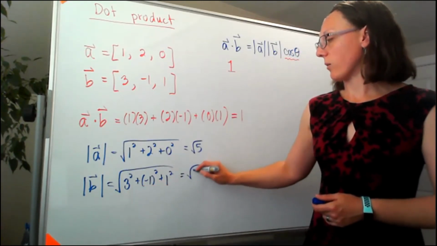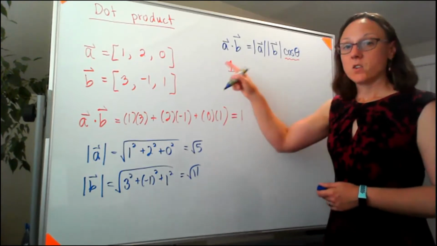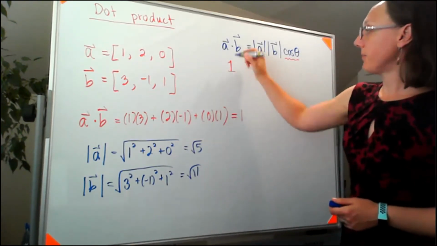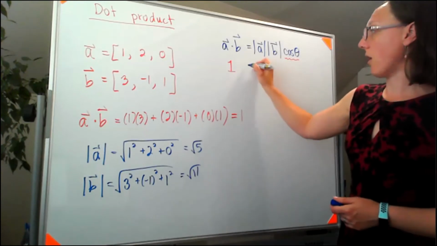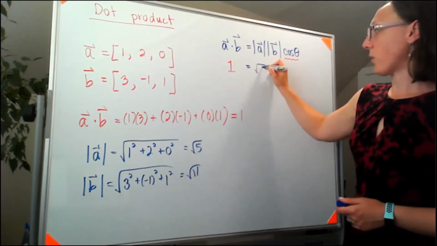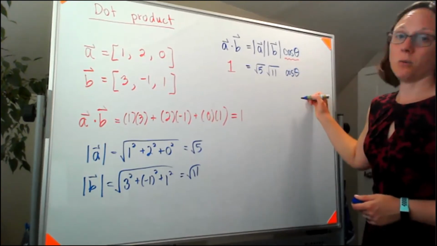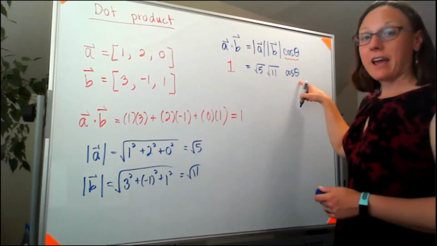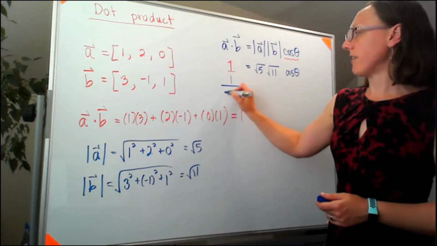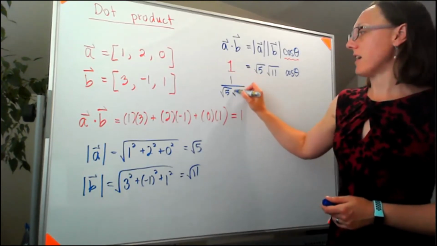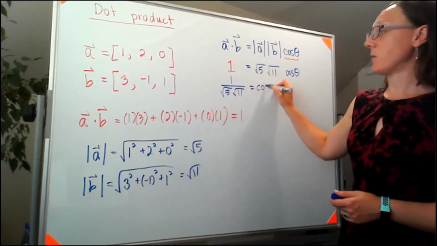So that's the square root of 11. So my dot product, which equaled 1, is equal to the square root of 5 times the square root of 11 times cosine of the angle between them. If I want to get the angle by itself, 1 divided by the square root of 5 times the square root of 11 is equal to cosine theta.